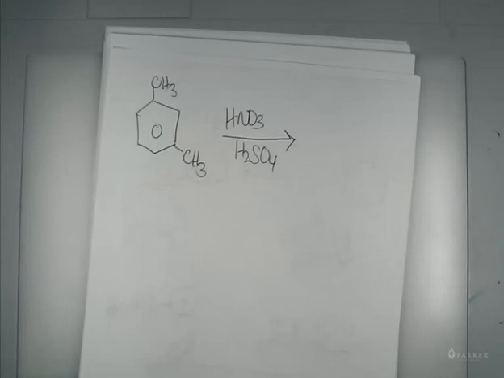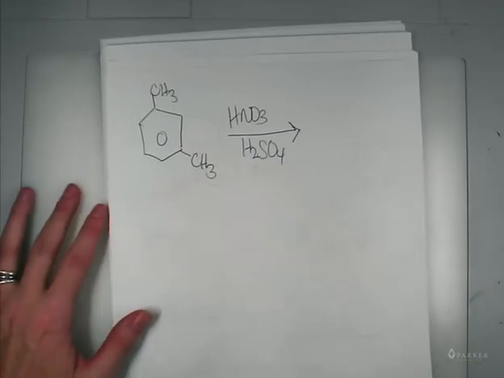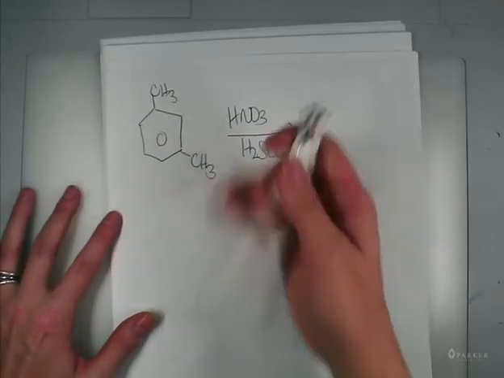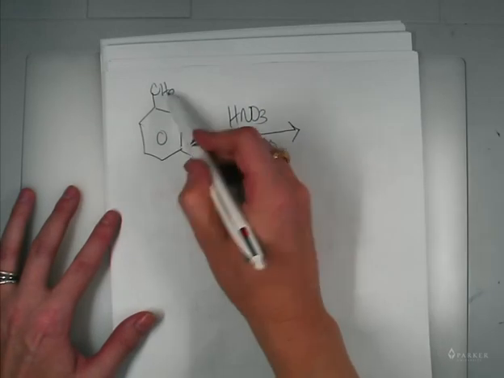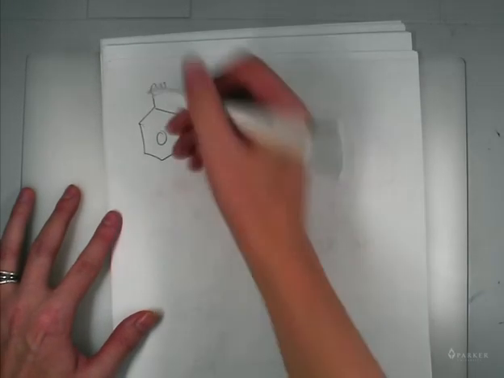All right, look at this one. Is there one of these branches that are stronger than the other? No, they're both methyl. What type of directors are these? Ortho-para. So let's look at this branch first, and I'm going to mark in red ortho-para positions to this one.